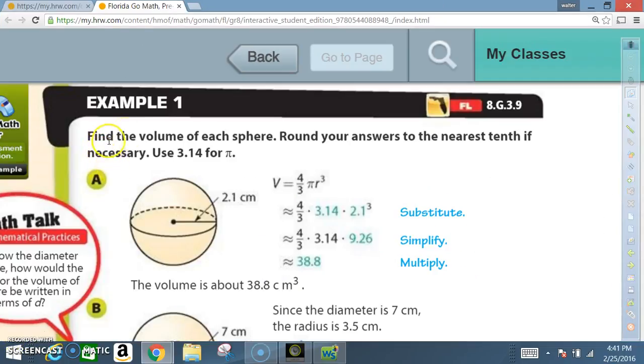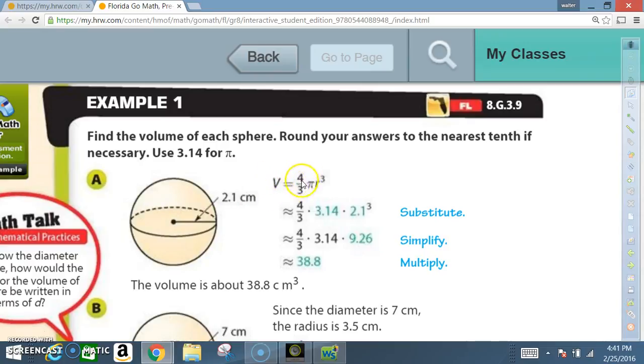Okay, let's make sure we understand example 1. Find the volume of each sphere. Round your answer to the nearest tenth if necessary. Use 3.14 for pi. Here we have our sphere, and they give us a radius of 2.1. First thing we do is write down the formula.